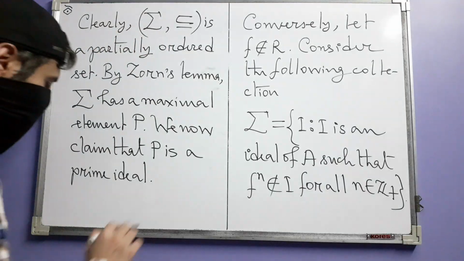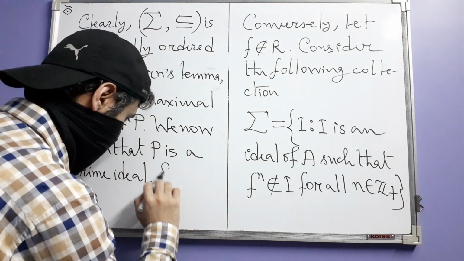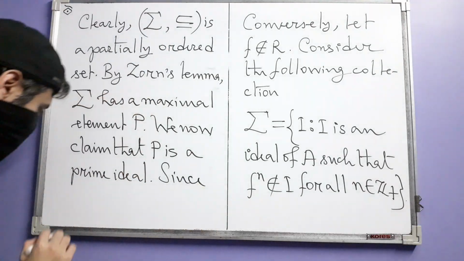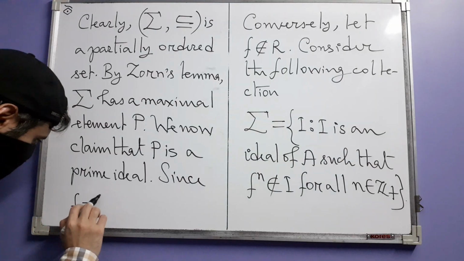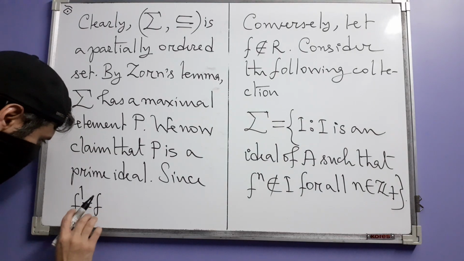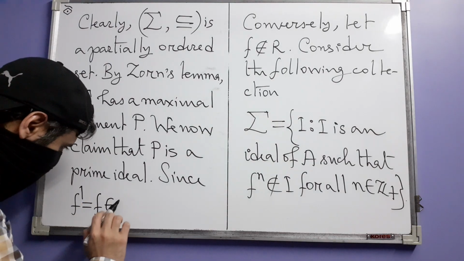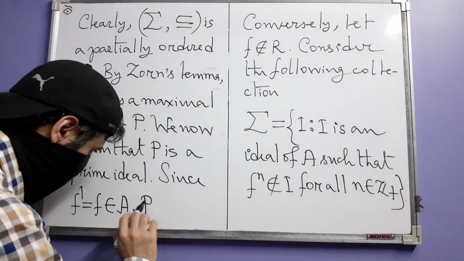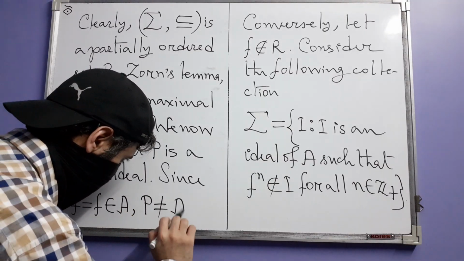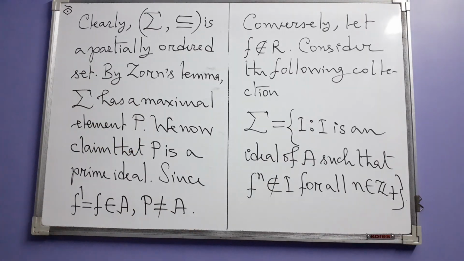And that is why you write, since F equal to F to the power 1 belongs to A, P is not equal to A. So yes, it's actually a proper ideal.